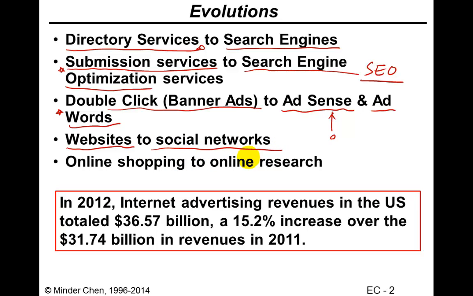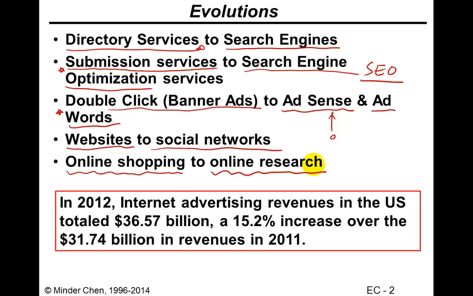Another phenomenon worth paying attention to is that a lot of people certainly are moving to online shopping, but even more people are conducting their shopping research, product research online, and they may still go to a physical store to purchase it.